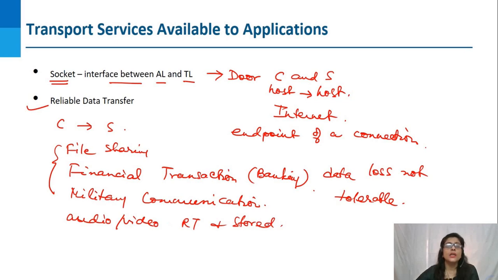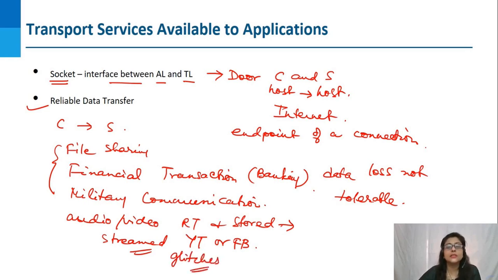Here, certain data loss is tolerable, because if there is some data loss in streamed audio video through either YouTube or Facebook, then certain glitches would appear, but that is tolerable. So there are certain applications where reliability of data transfer is very important, and certain applications where data loss is tolerable.